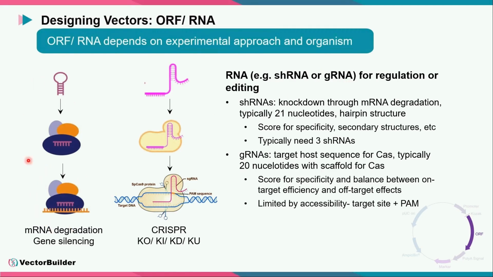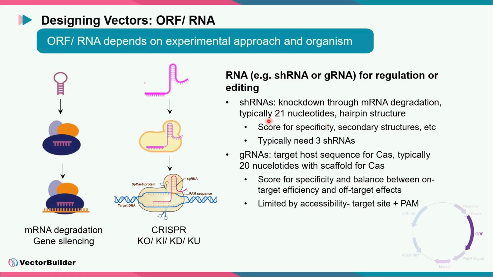Let's first talk about some shRNAs, which can be used for knockdown experiments and are very easy to use because we can use databases to just input our gene of interest and get back loads and loads of different options of these 21 nucleotide hairpin structure shRNAs just ready to pop into our vector.